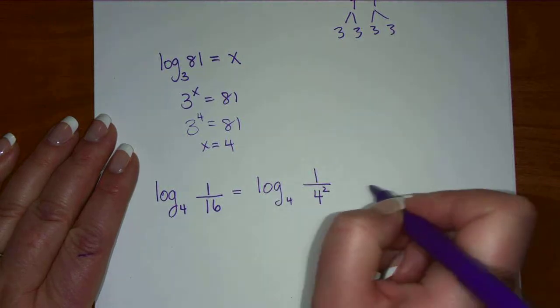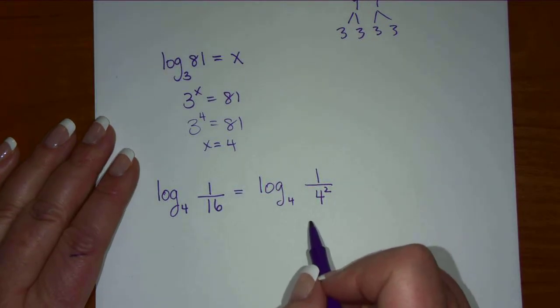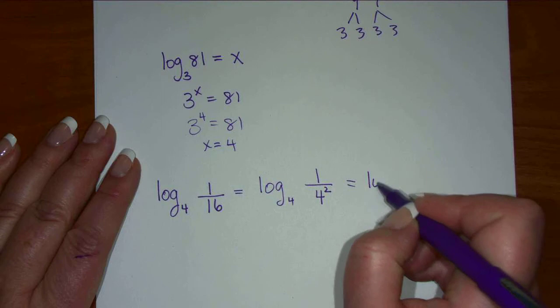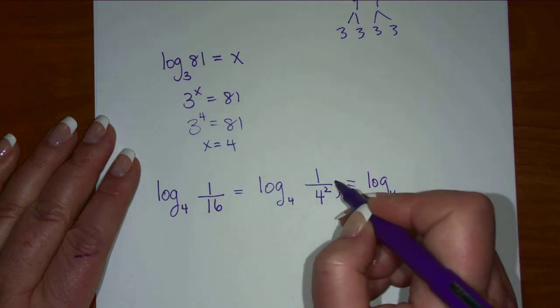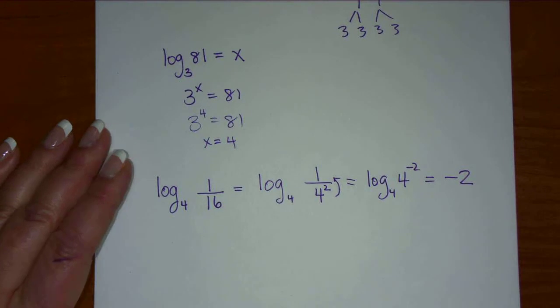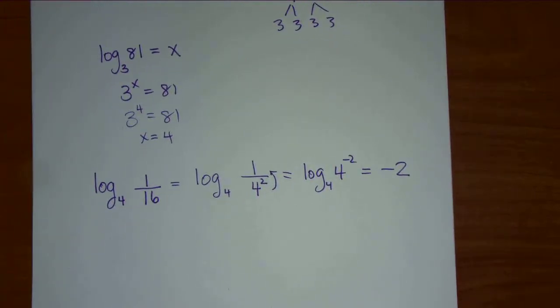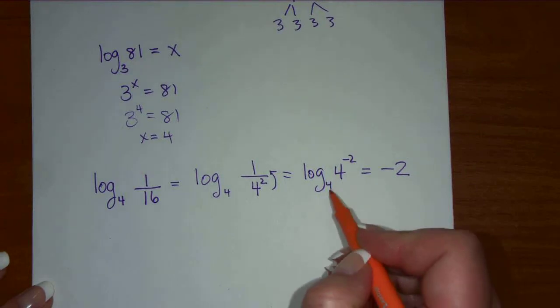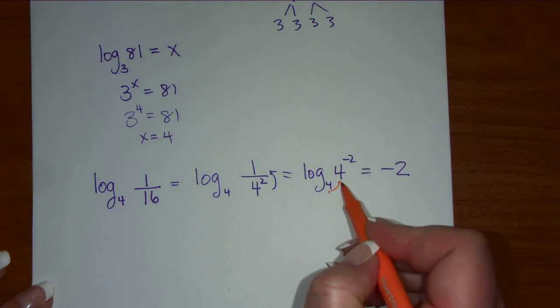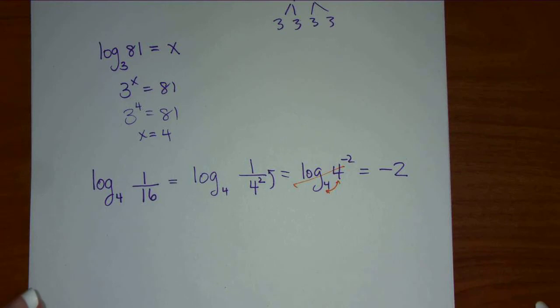It would be minus 2, because this is log base 4. If we bring that up to the top, we'd have 4 to the minus 2. And that's equal to minus 2. Now, what I sort of say to people is if you can get these to match, cancel it out and the exponent's the answer. Does that make sense? So if you can get these to match, then you cancel it out and that's the answer.